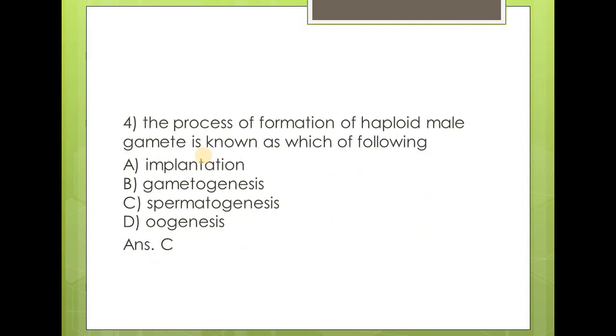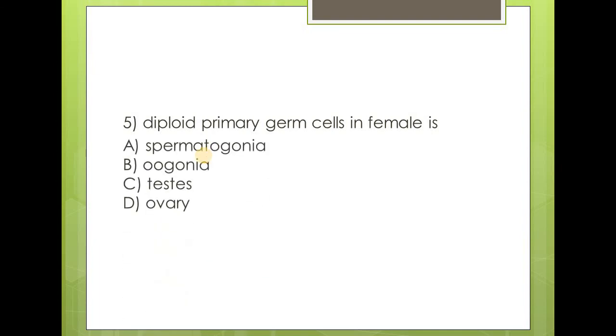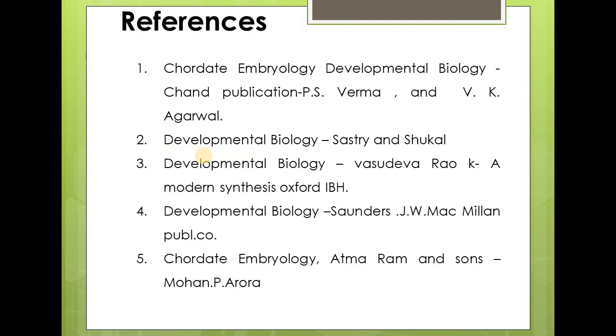The process of formation of haploid male gametes is known as which of the following: implantation, gametogenesis, spermatogenesis, oogenesis? Male gamete, so it is spermatogenesis. Diploid primary germ cells in females are: spermatogonia, oogonia, testes, or ovary? The answer is B, oogonia.